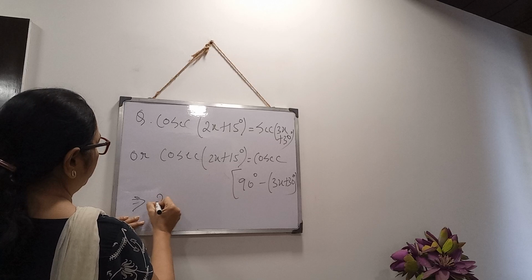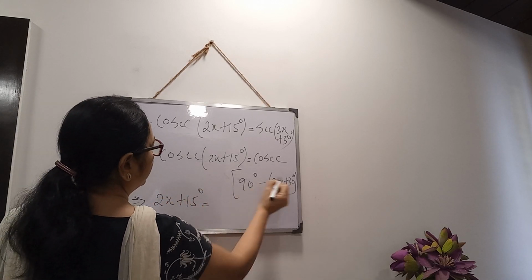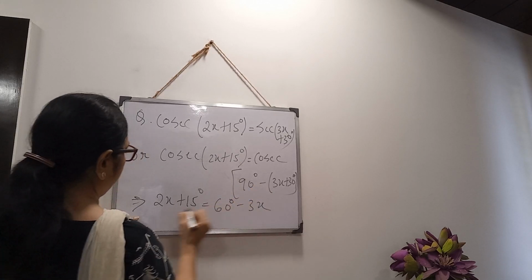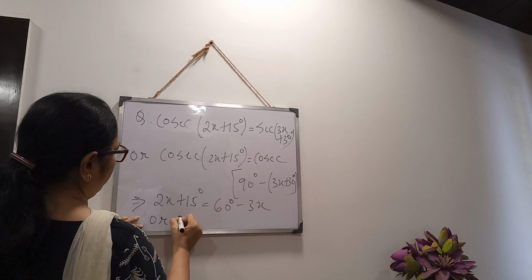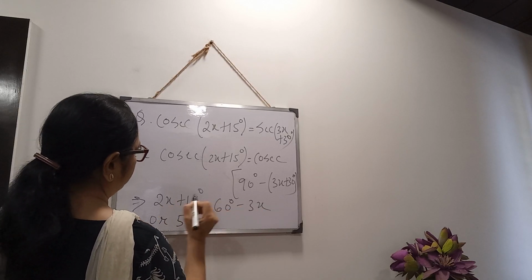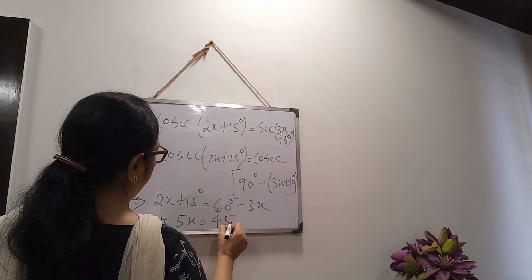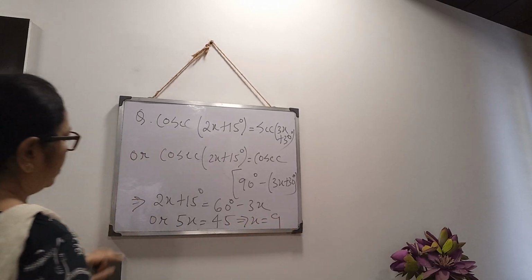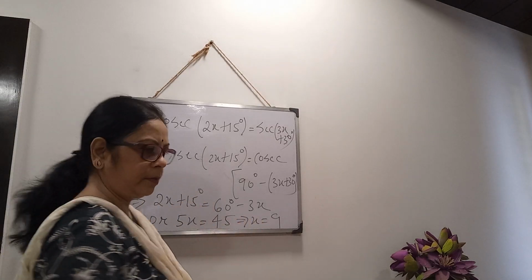So it is coming 2x plus 15 degree equals 90 minus 30, means 60, minus 3x. Now 2x and 3x make 5x, and 60 minus 15 is 45. So x is coming 9. Clear? The value of x is 9.